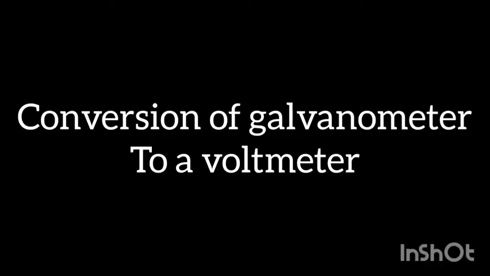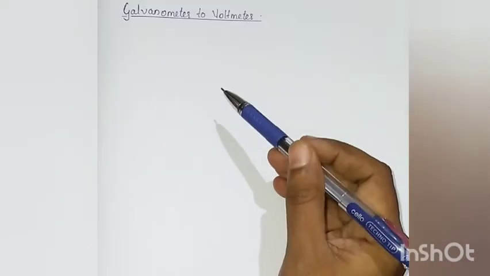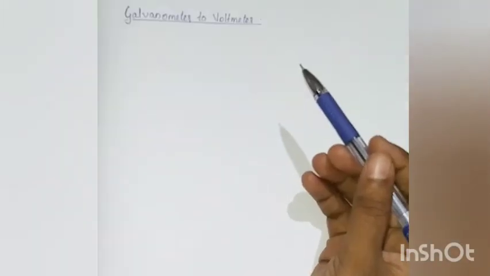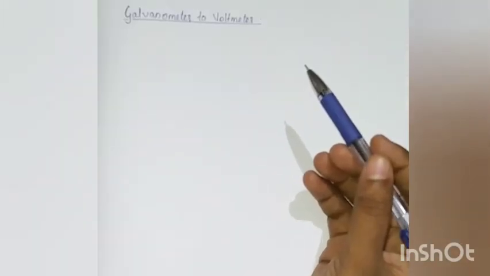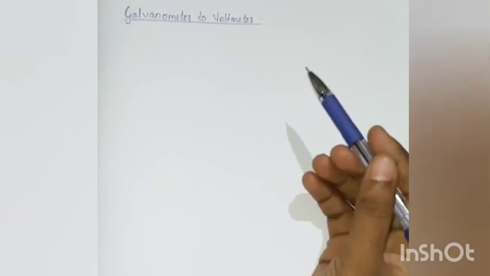Now we will discuss the conversion of a galvanometer to a voltmeter. So we have already seen how a galvanometer is converted into an ammeter. It is by connecting a shunt resistance, which is a very small resistance, in parallel to our galvanometer. Then the galvanometer functions as an ammeter.